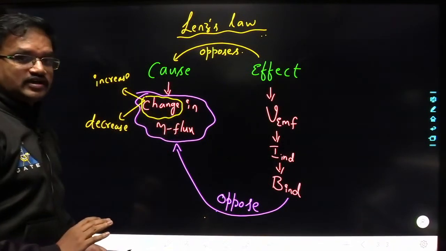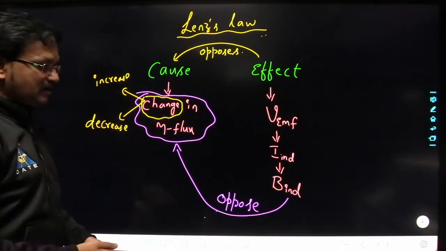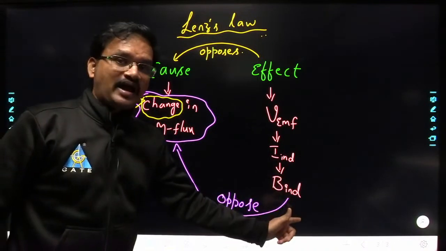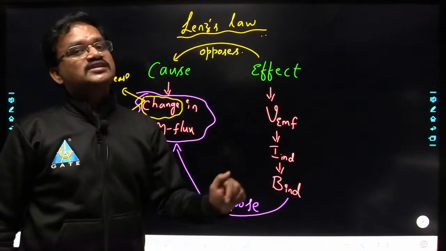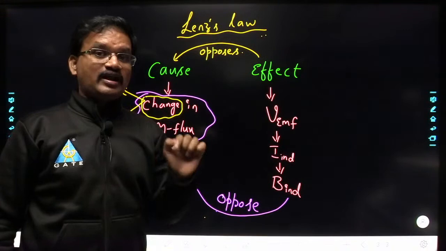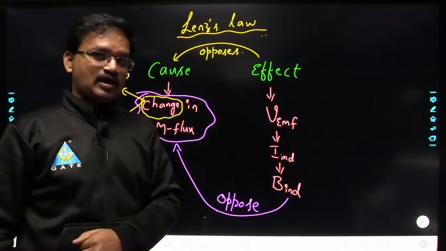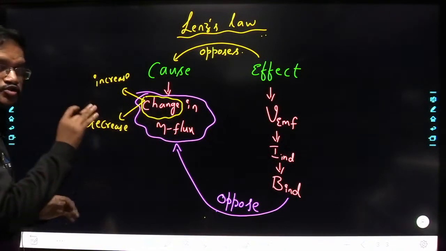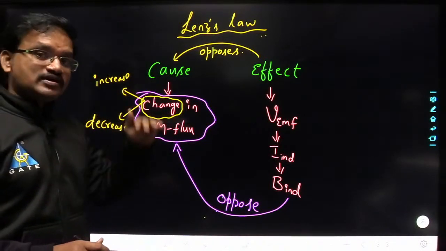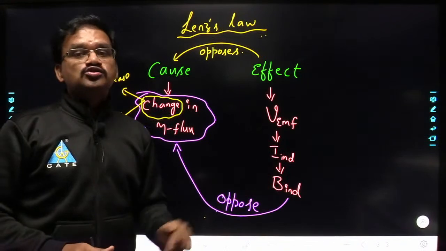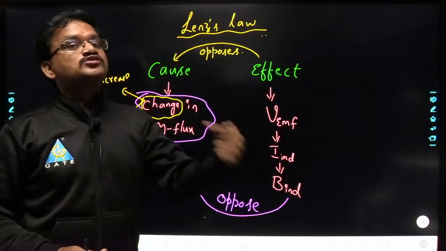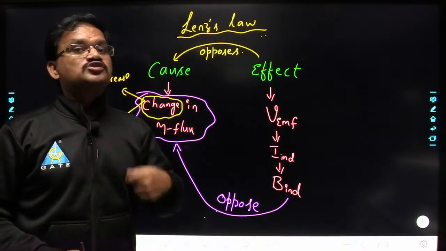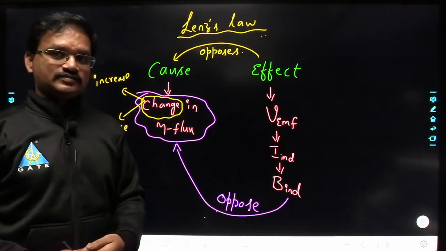in magnetic flux, then this induced magnetic field will try to oppose this increase. Understood? And similarly, whenever this magnetic flux tries to decrease, this induced magnetic field will try to oppose that decrease in magnetic flux.